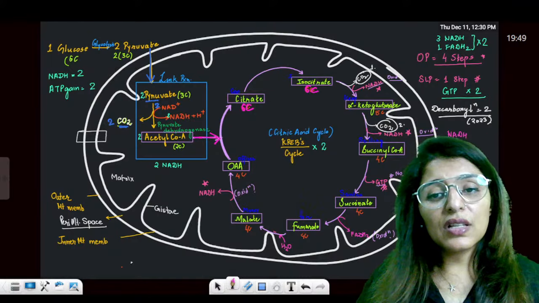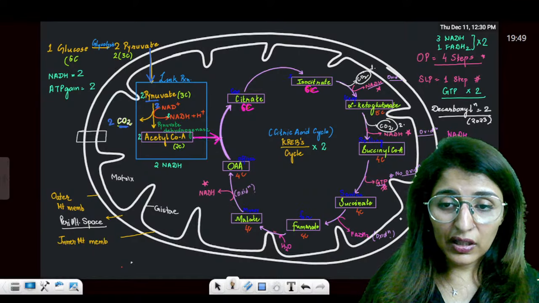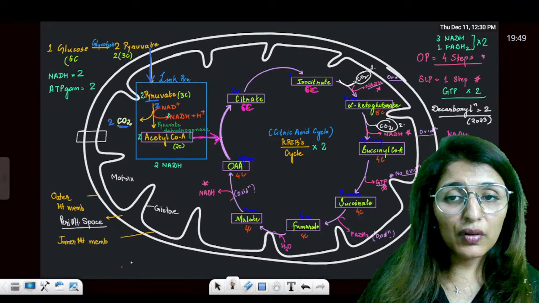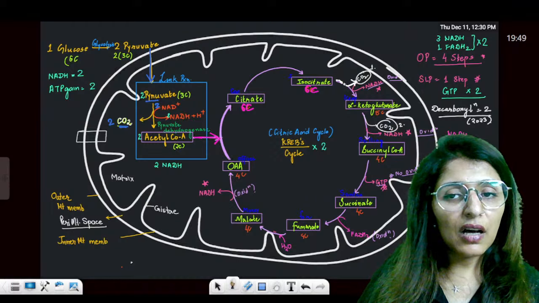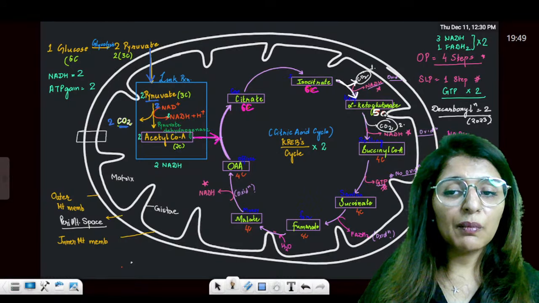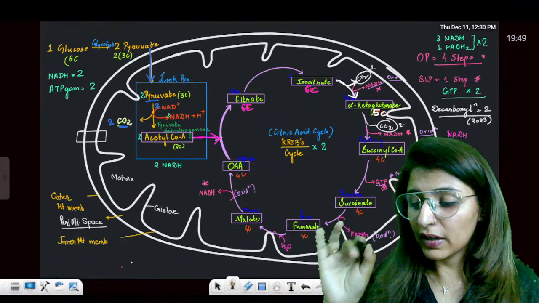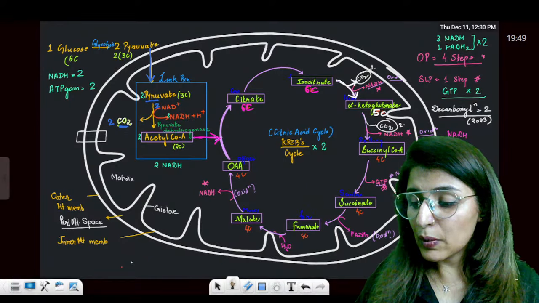Now this 6-carbon compound will lose CO2. Watch it carefully. This 6-carbon compound will lose CO2, and how many carbons are left behind? 5 carbon. It will form a 5-carbon compound known as alpha ketoglutaric acid or alpha ketoglutarate. Is this point clear?